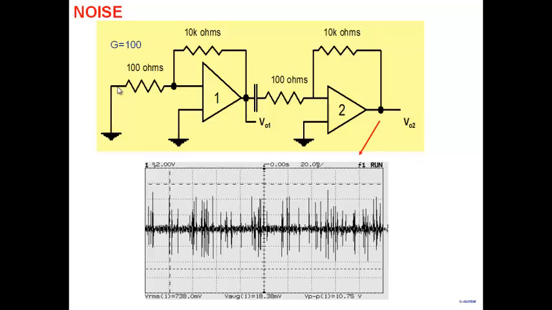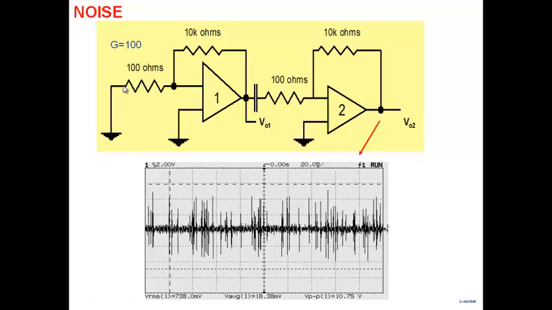Obviously, if I apply a signal also equal to 0.1 millivolt, the output is not going to be clean. So maybe I should apply a signal at least 10 times stronger than the noise voltage, maybe 1 millivolt, to amplify without too much impact of noise.